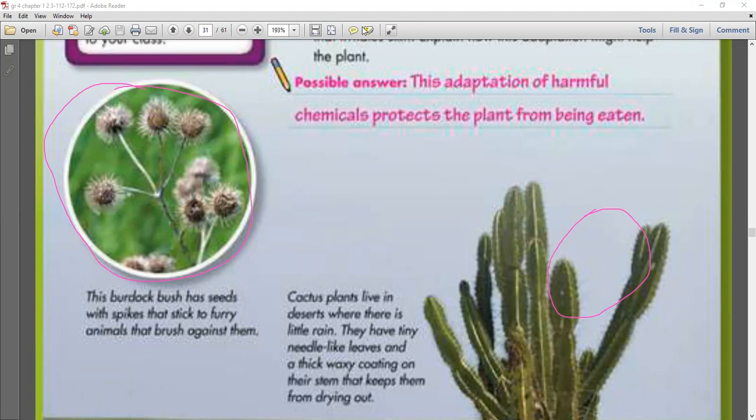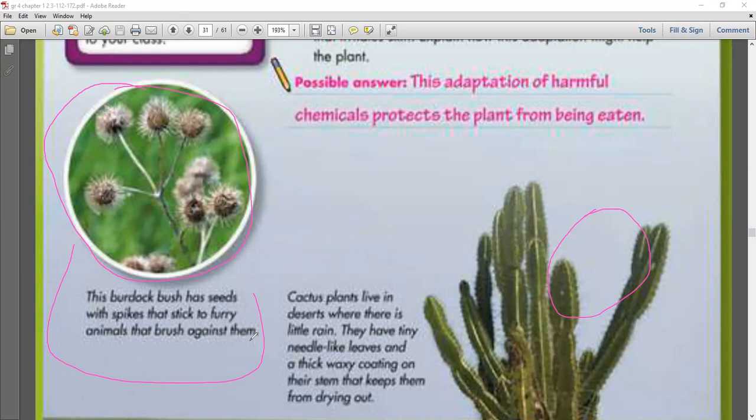Yazan, open your mic. Can you explain the features of this plant, and how they help the plant? The burdock bush has seeds with spikes that stick to the fur of animals that brush against them.